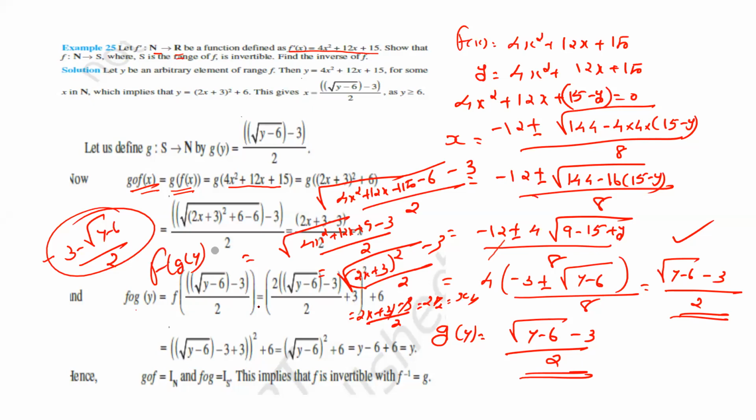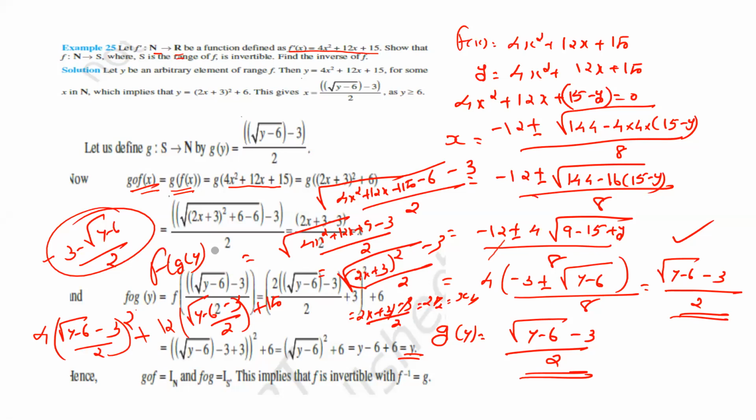So f of x is 4x squared, so 4 into root of y minus 6 minus 3 by 2 the whole square, plus 12x, that is 12 into root of y minus 6 minus 3 by 2, plus 15. After simplification, you are getting y. So g composition f is equal to f composition g is equal to the identity function.